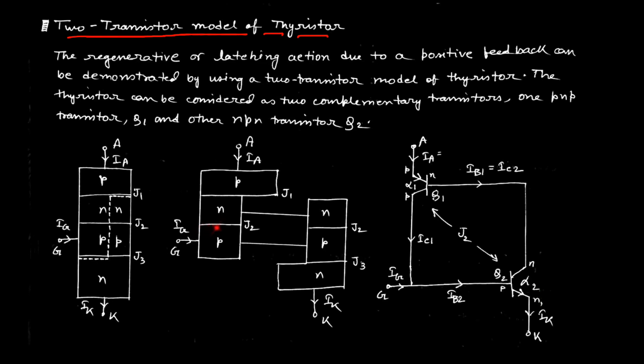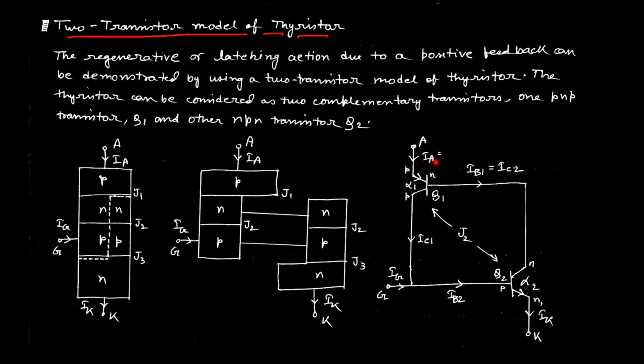As we know, the junction J2 is common for both transistors. IB1 represents the base current of Q1 transistor, and IC1 represents the collector current of Q1 transistor, and IA is the emitter current, as it is entering the SCR, which is represented by the anode current.